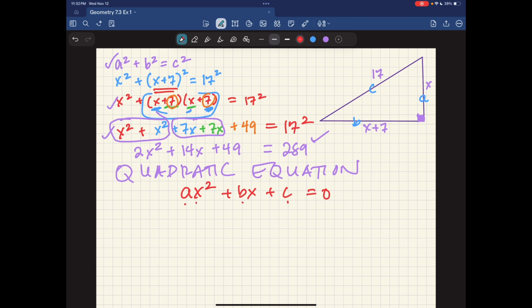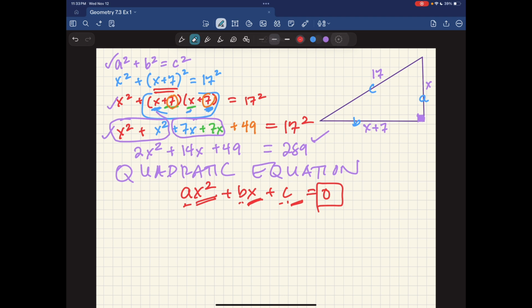Notice we've got x squared, x, and then nothing, no variable. So we're descending in our exponents, x squared, x, no variable, and then we've just got variables a, b, and c along the way, and it's always set to 0. This is the quadratic equation.